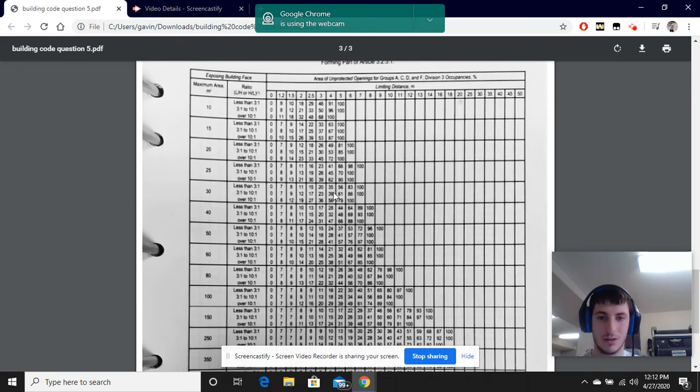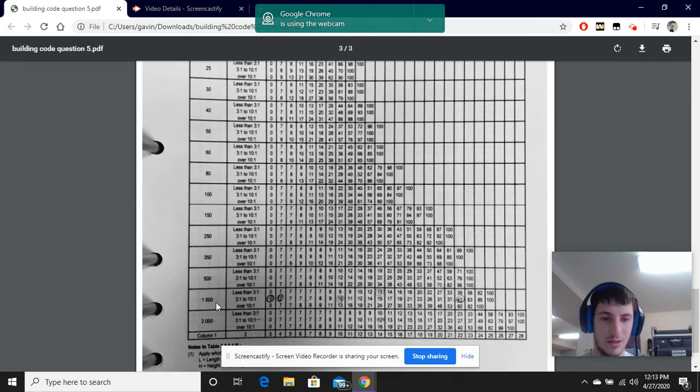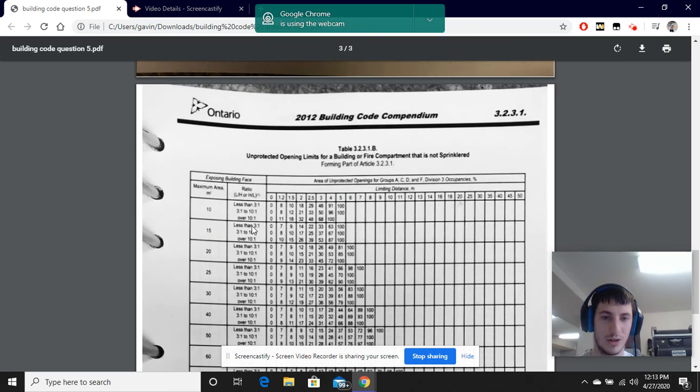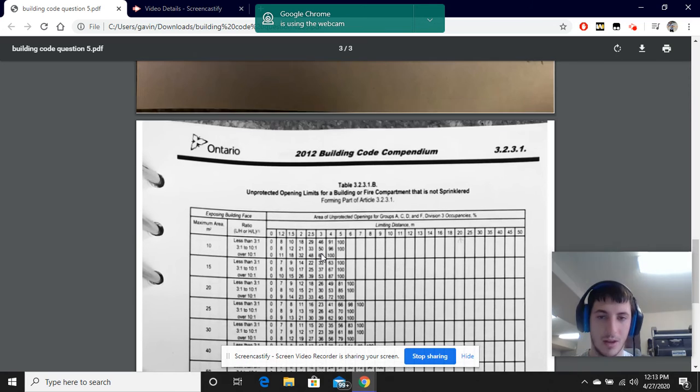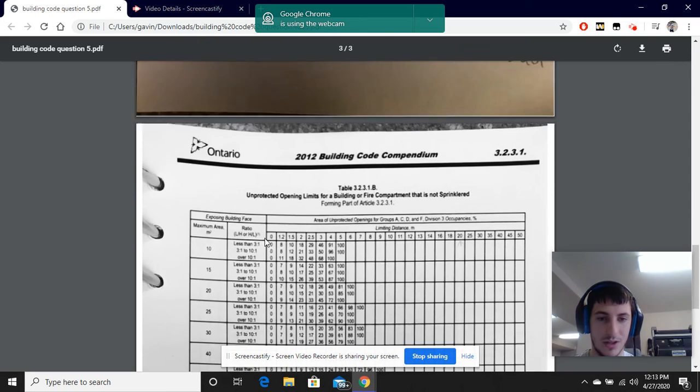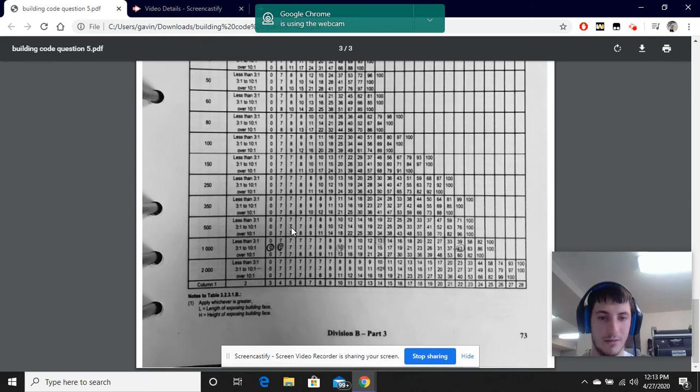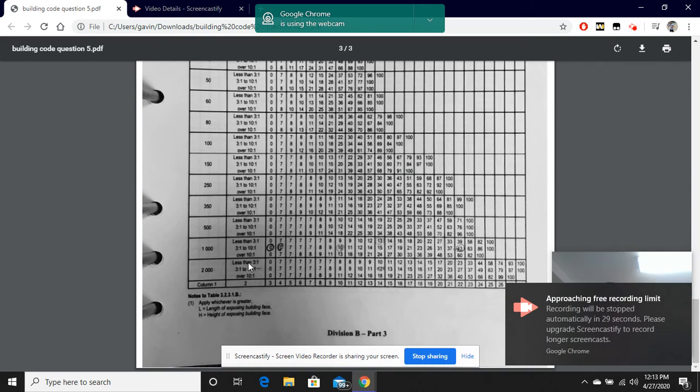Normally, you can also take the area and the ratio from the face of the wall and see how far away a building is from the property line. You can also use this to find the greatest percentage of openings you can have in that building. But for this question, we just needed to see, if we had 4.6% of openings, how far away it could be.